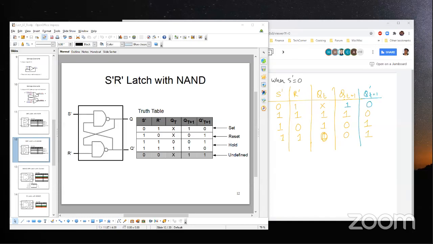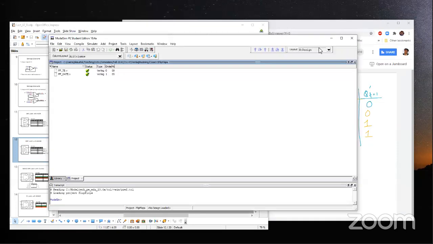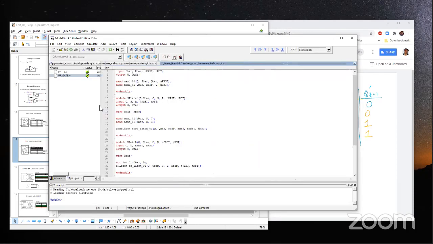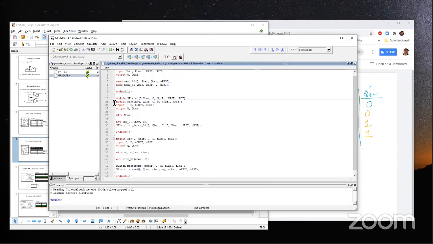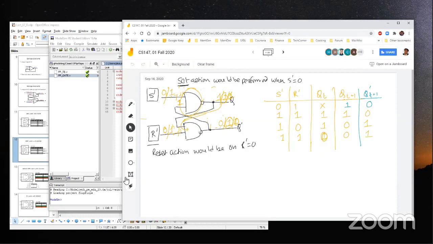All right, so let's say this is a little bit of example I have written. Okay, let's talk about this SBar RBar latch. What I did here is I have exactly the same one as I drew here, with the addition of preset and reset.